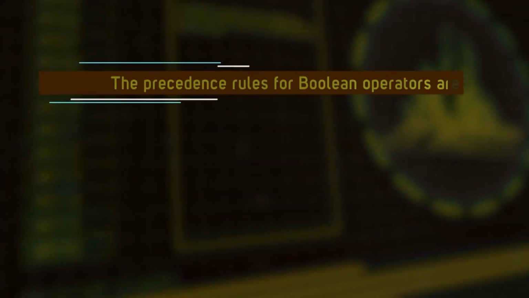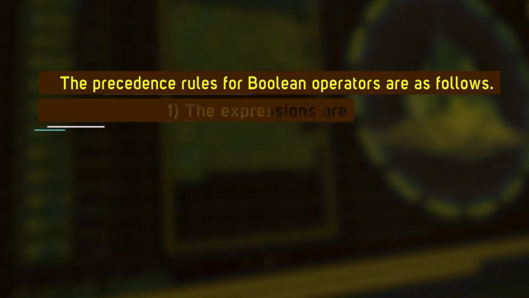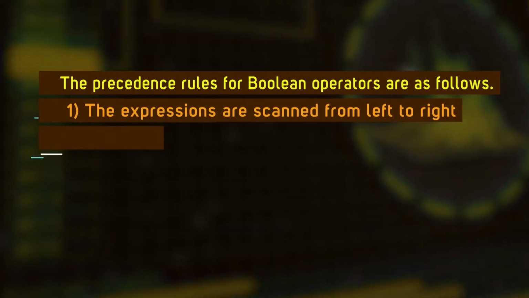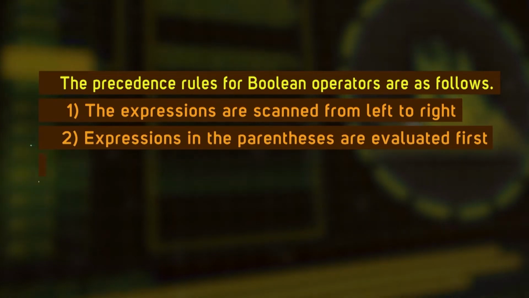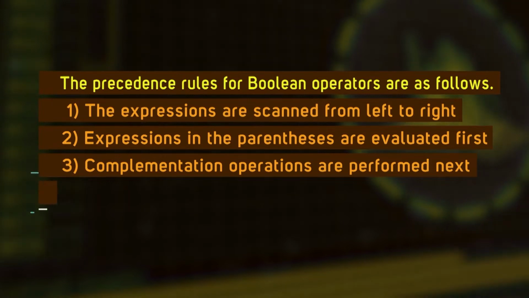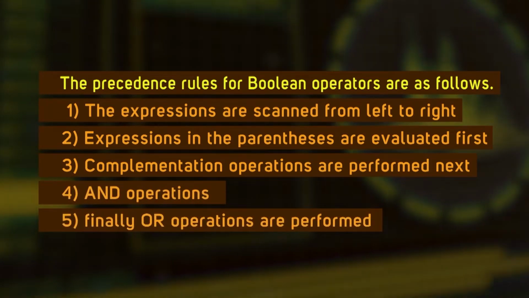The precedence rules for Boolean operators are given here. One, the expressions are scanned from left to right. Then expressions in the parentheses are evaluated first. Complementation operations are performed next. Then AND operations, and finally OR operations are performed.